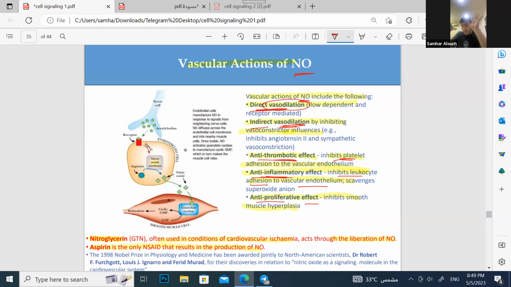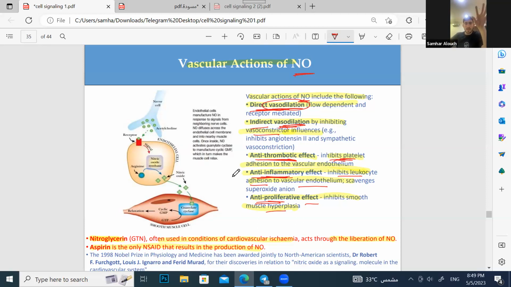So nitric oxide has 5 effects. He can ask you about them in SAQ. So: direct vasodilation, indirect vasodilation by inhibiting vasoconstriction, antithrombotic effect which inhibits platelet adhesion, anti-inflammatory which inhibits inflammation, and anti-proliferative which inhibits muscle hyperplasia. These are the 5 effects of nitric oxide.